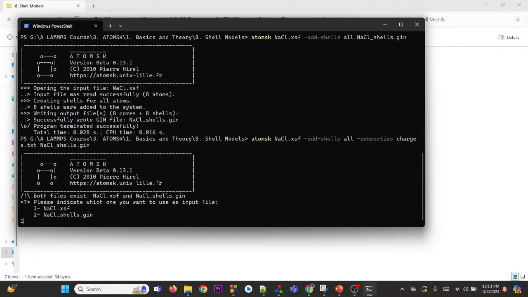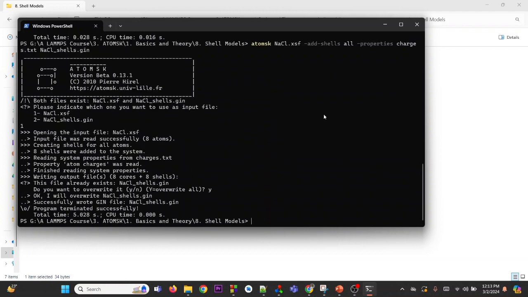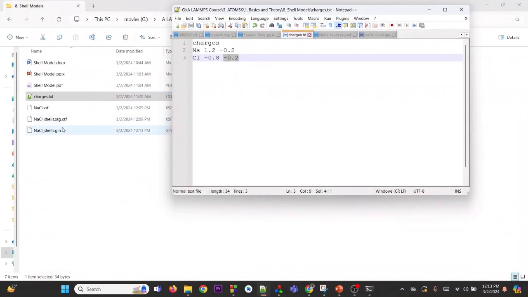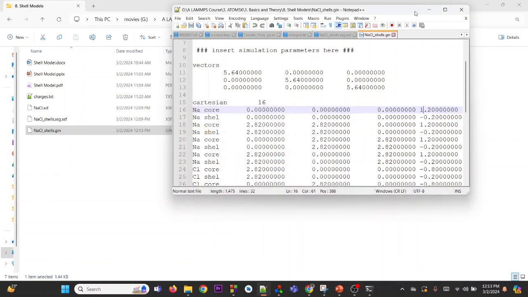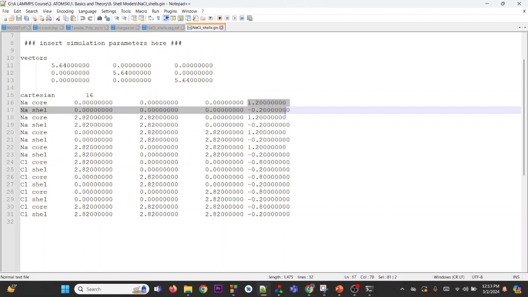So the input file is the number 1 file, and we want to overwrite our previous structure. Now if we take the output, okay, so you see there is a separate column here which indicates the charges of the particular cores and the shells.